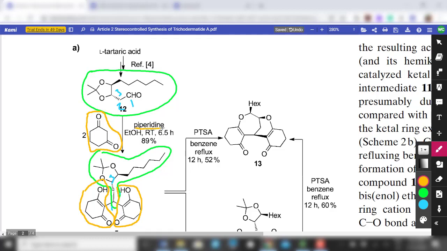We have piperidine and we have ethanol. Usually ethanol serves as a solvent. You don't see any part of the ethanol being added, so obviously ethanol is a solvent. Then piperidine will be a key reagent, but what is the role of piperidine then? We also have to ask ourselves the next question: what do you think is the mechanism from 12 to 5?